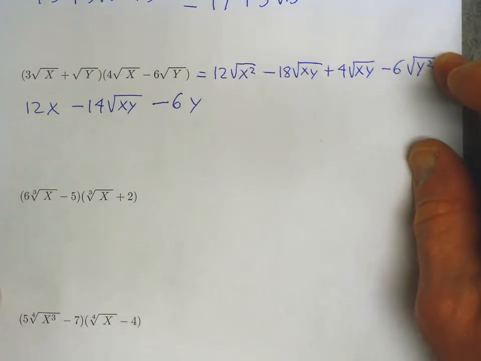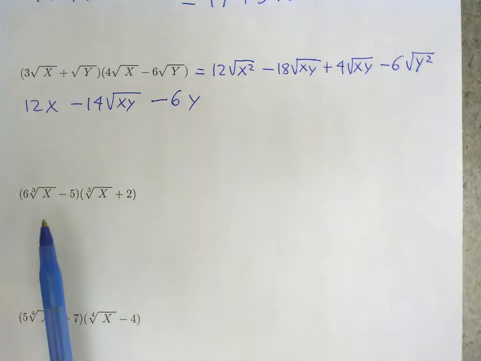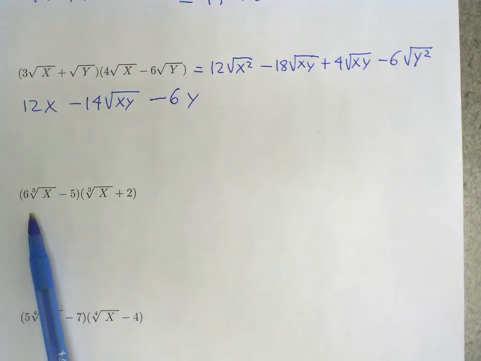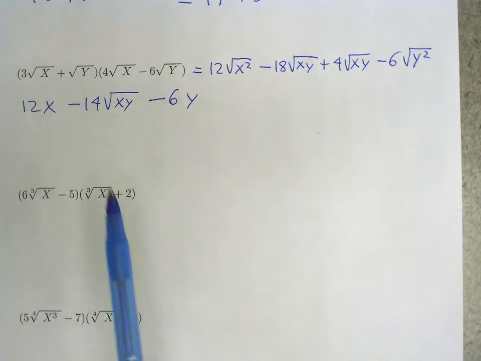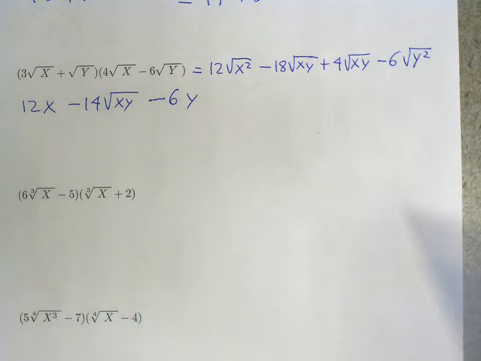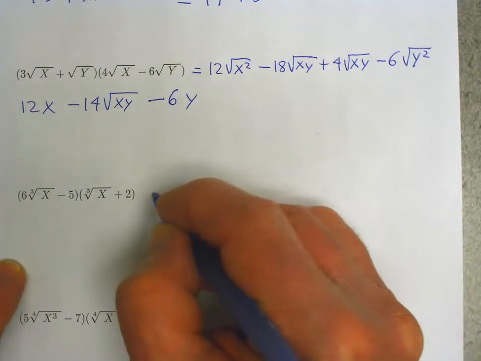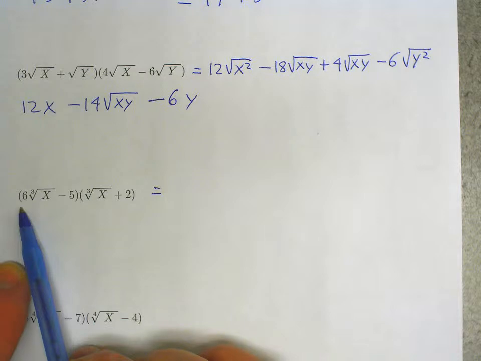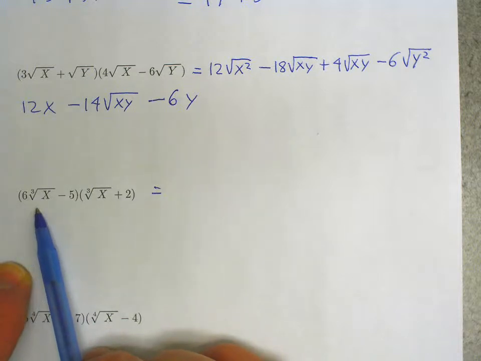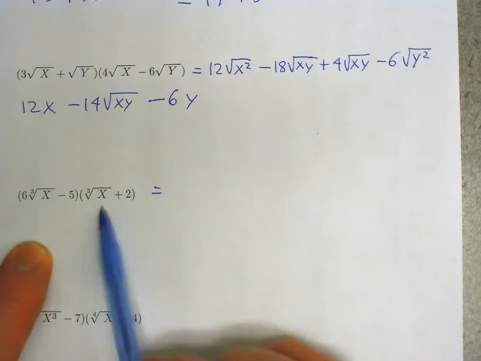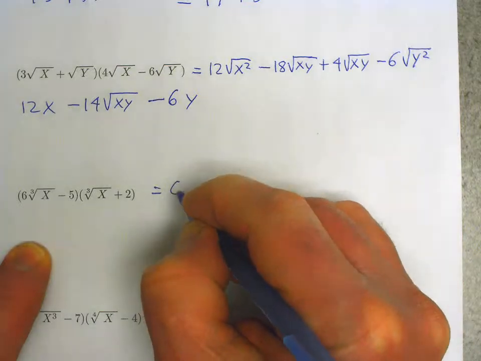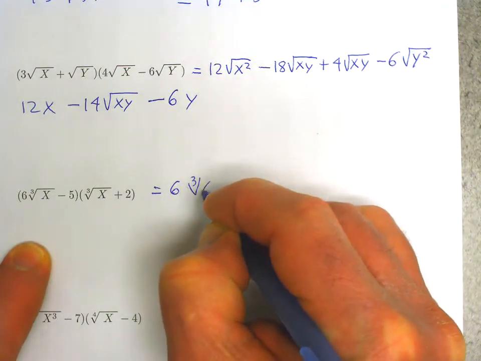Okay, a couple more. 6 times the cubed root of x, minus 5 times the cubed root of x plus 2. First, 6 times the cubed root of x times the cubed root of x. That's 6 times the cubed root of x squared.